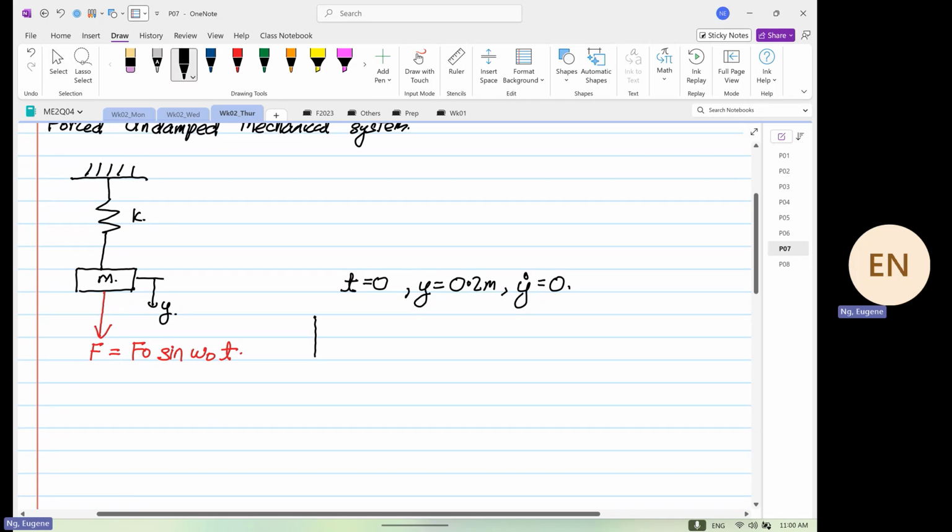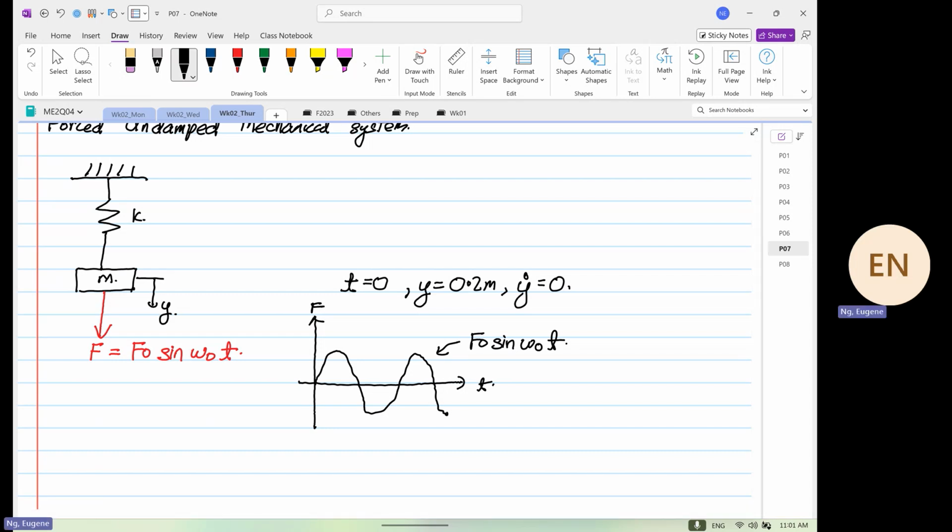So how will this force react is if we have a time over here and we have the force over here, because it's a sine wave, you will have a response looking like this. Okay, so this represents your F naught sine omega naught T. Okay, and this will stay on the mass.